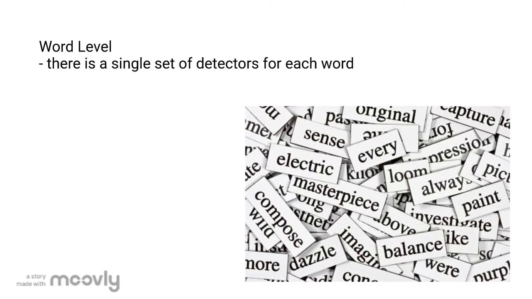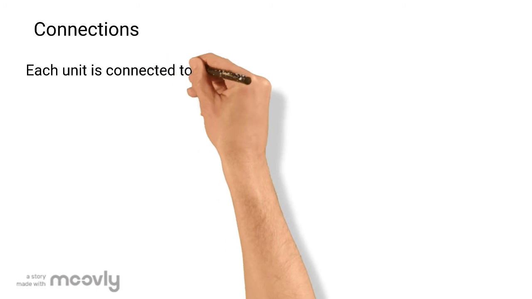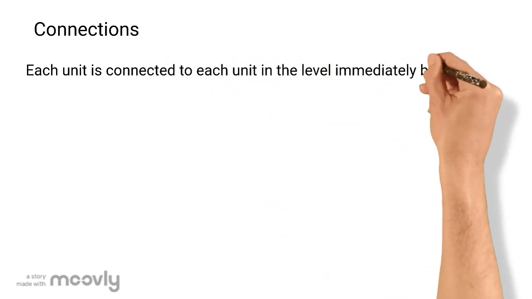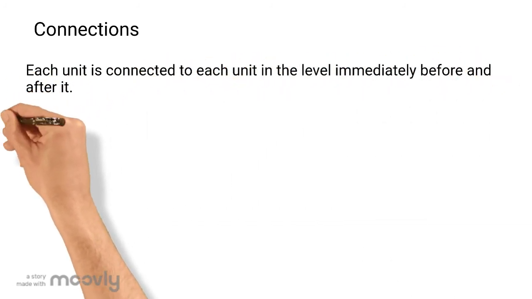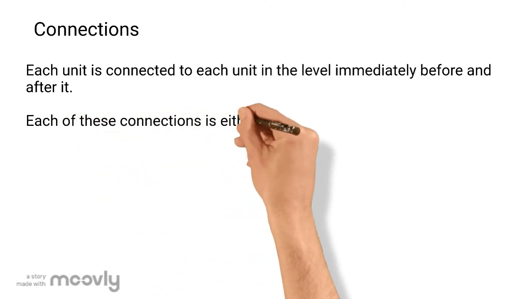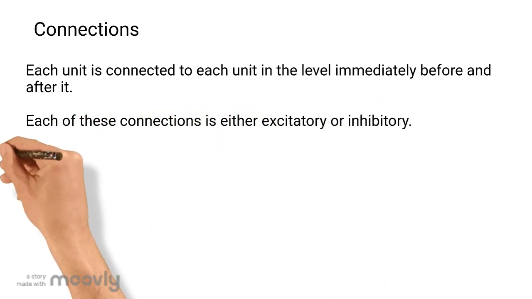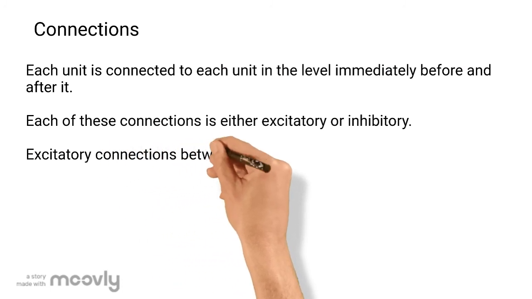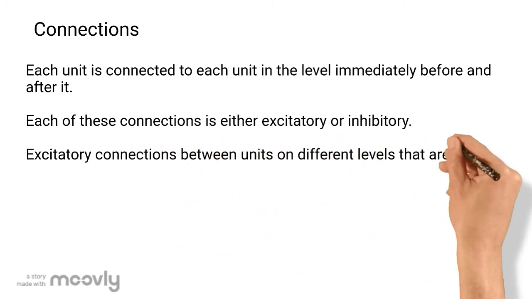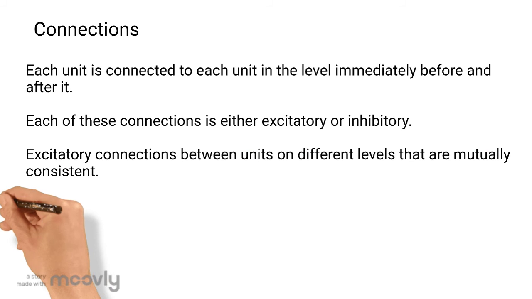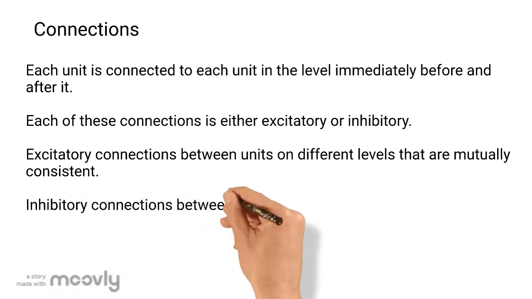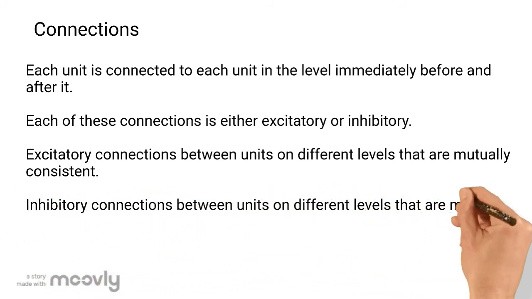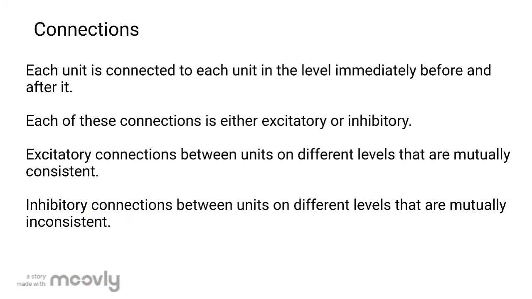At the word level, there is a single set of detectors for each word. The connections between levels: each unit is connected to each unit in the level immediately before and after it. Each of these connections is either excitatory or inhibitory. The excitatory connections are between units on different levels that are mutually consistent, while the inhibitory connections are between units on different levels that are mutually inconsistent.